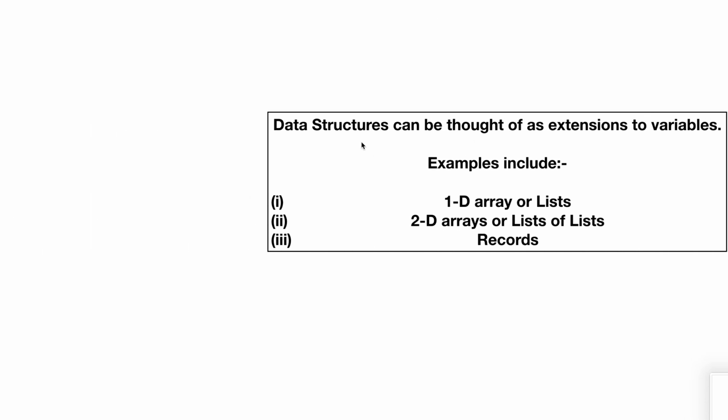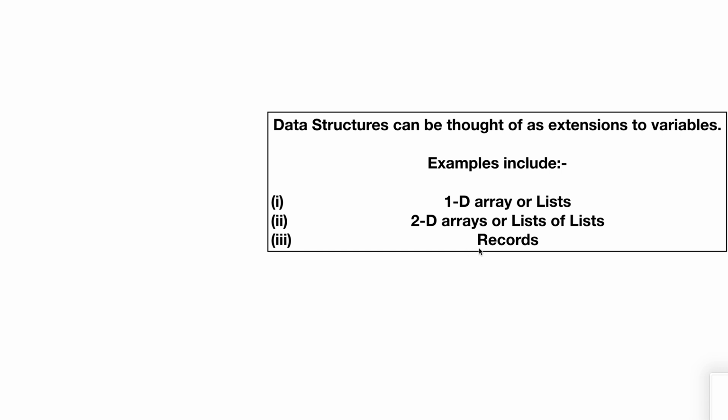So a list is a data structure, and a data structure can be thought of as an extension of the concept of variables. Examples of data structures include 1D arrays or lists. Now, although not covered in this video, just for your information, there are also 2D arrays or lists of lists as they are known in Python.